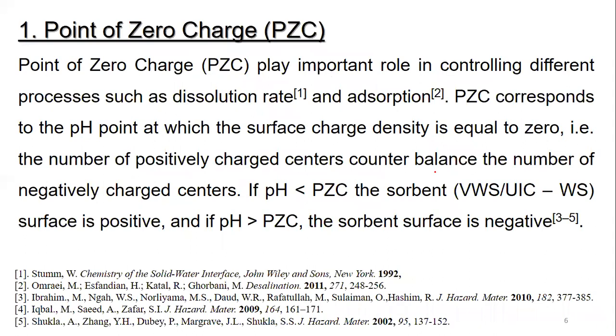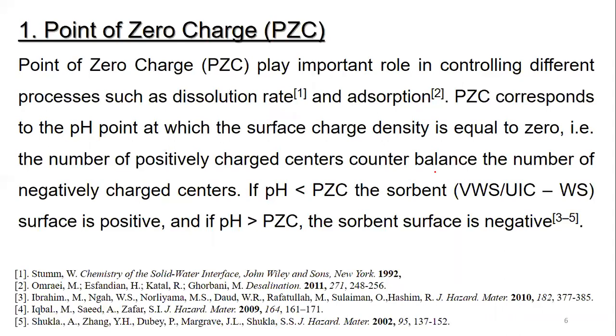Okay, now the first thing that we are going to find out is the point of zero charge. But first of all, we should know what point of zero charge is. Point of zero charge basically corresponds to the pH at which the surface charge density is equal to 0.